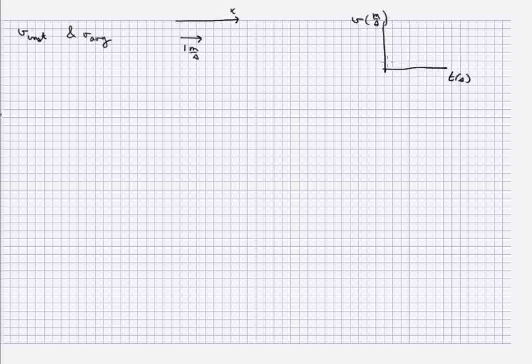And if we label these 1, 2, 3, 4, 5 meters per second, then you would have a plus 1 meter per second velocity, and it would be constant, and the v versus t curve would look like that. So this is the constant velocity.